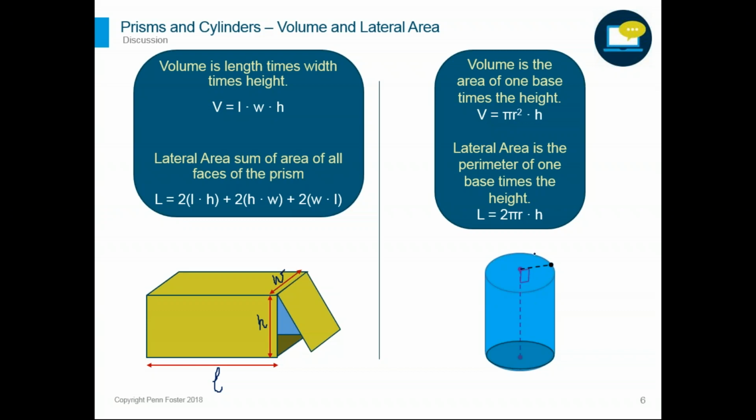If you're looking at the lateral area, the area of the walls of this cylinder, then you need to use the perimeter. The circumference of a circle is calculated by 2 pi r, 2 times pi times the radius of that base. And then you multiply the circumference times the height. That will give you the lateral area of the cylinder.